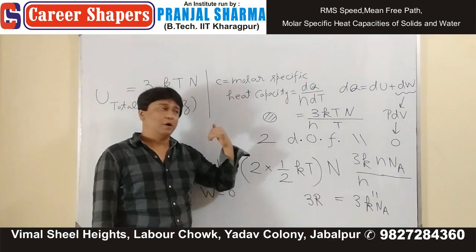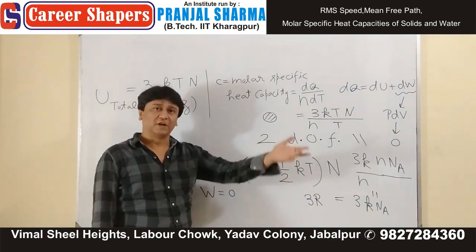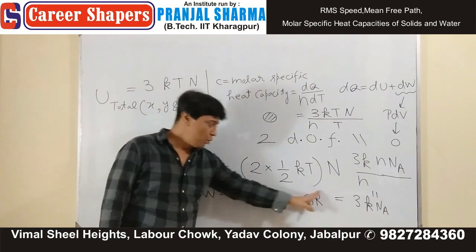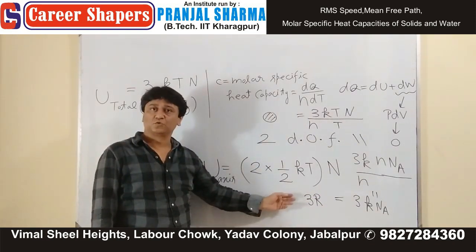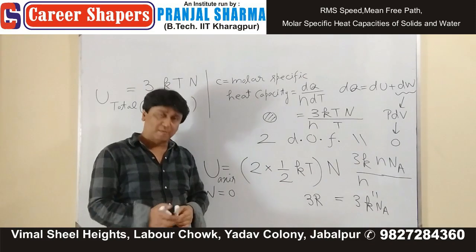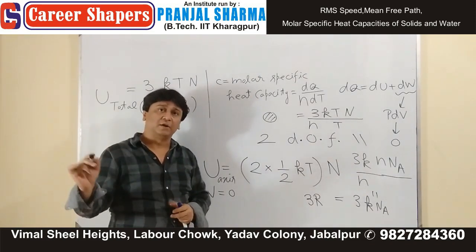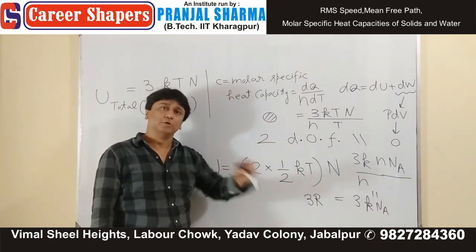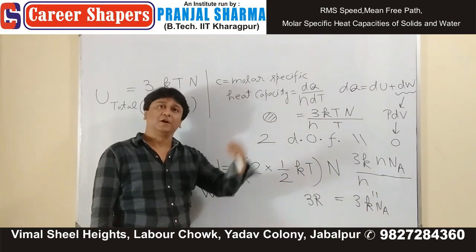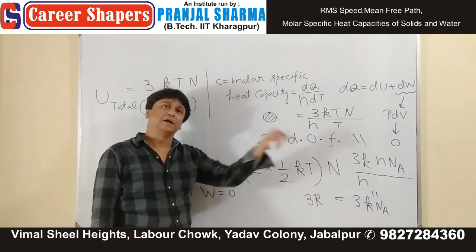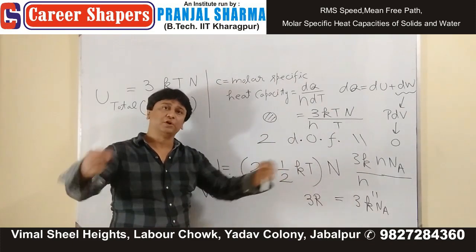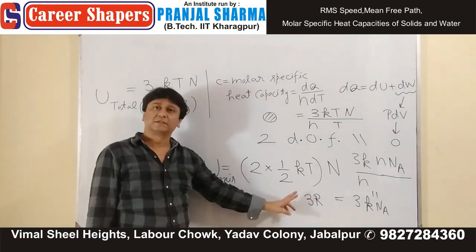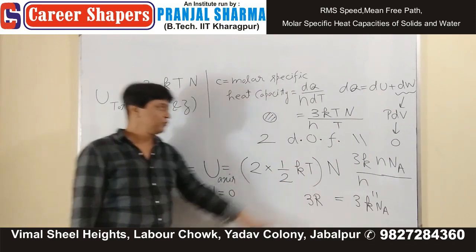So for almost all solids, there are exceptions, but for us, the molar specific heat capacity is 3R. Whereas for gases, if you remember, molar specific heat capacity was different and based on the type. At constant volume, different. At constant pressure, different. Monatomic, different. Diatomic, different. Diatomic with vibration, also different. But for solids, your molar specific heat capacity is a constant, which is 3R.